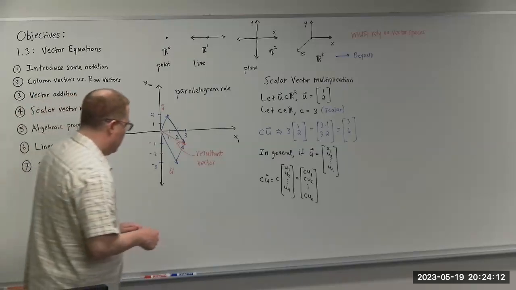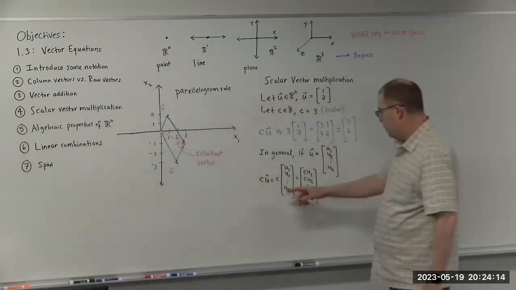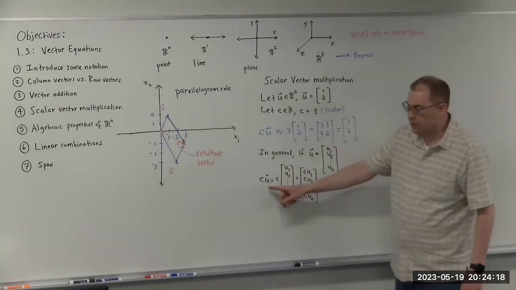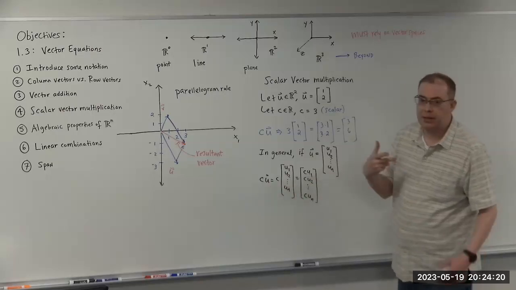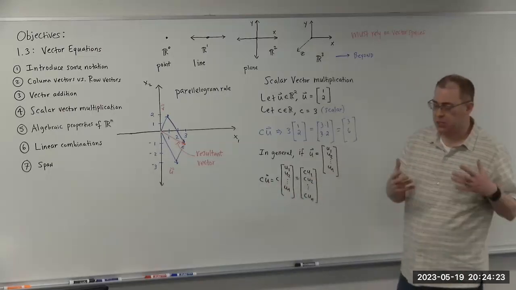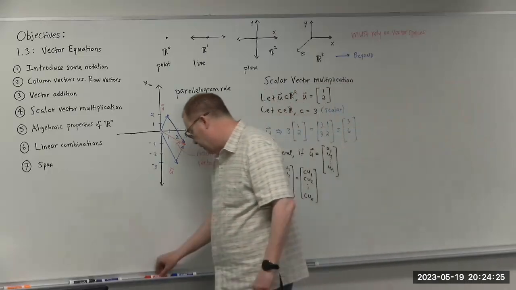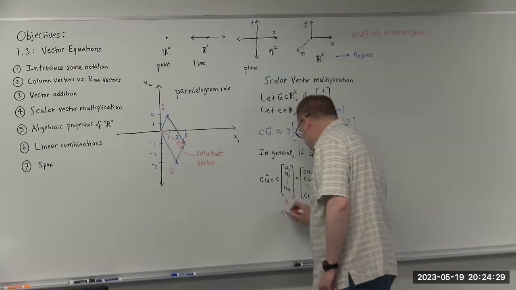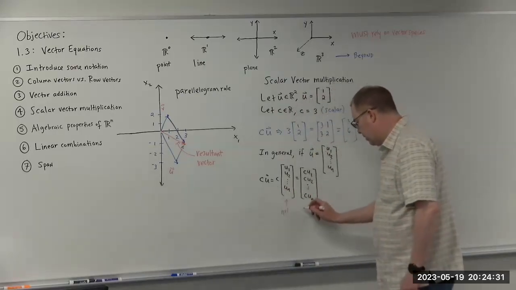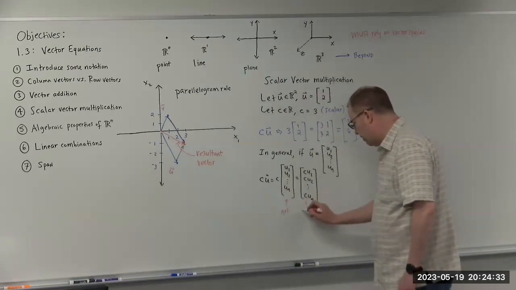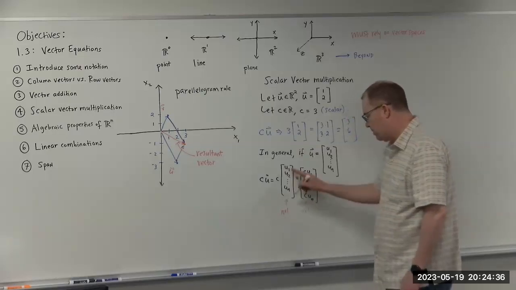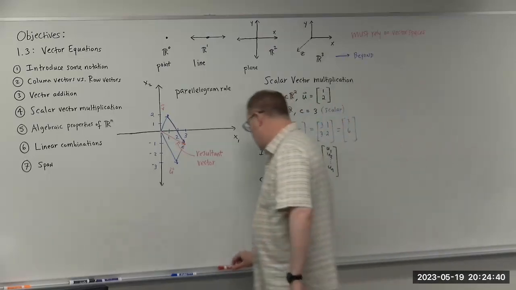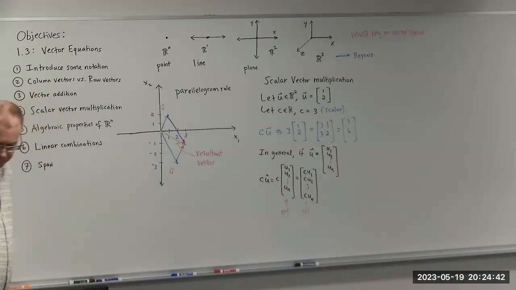Notice also, if u is an n by 1, then when you multiply it by the scalar, that still preserves the size of the vector. So the multiplication of the scalar does not affect the original size of that vector.